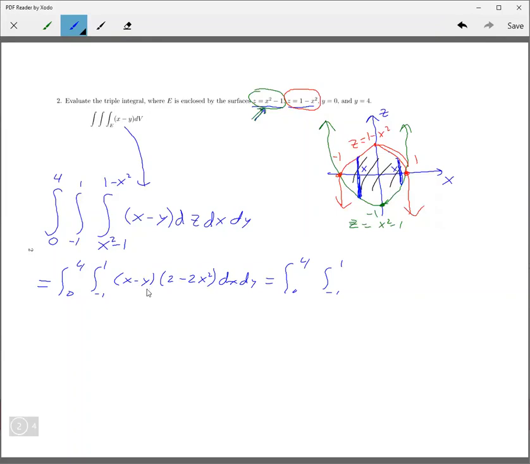And so let's see, if we expand all this out, we have 2x minus 2x cubed minus 2y squared plus 2y x squared dx dy. Oh dang, I don't have enough space. Okay, so we can integrate that. That's going to be x squared minus x to the 4th over 2 minus 2x y.